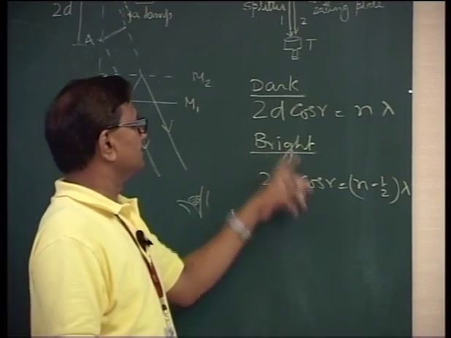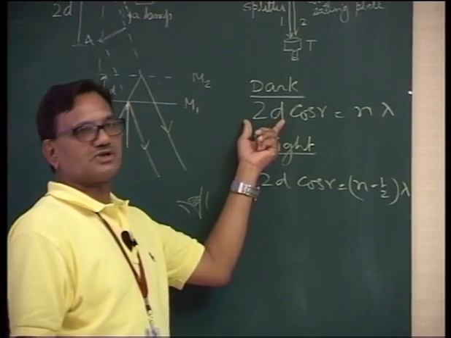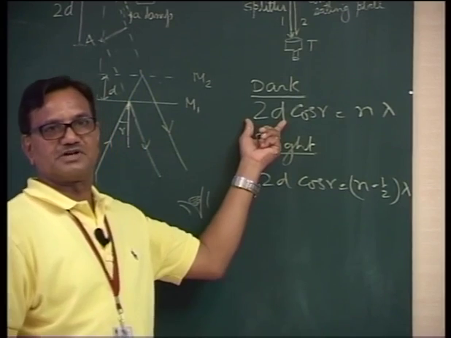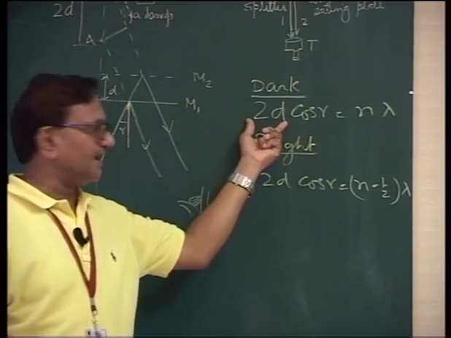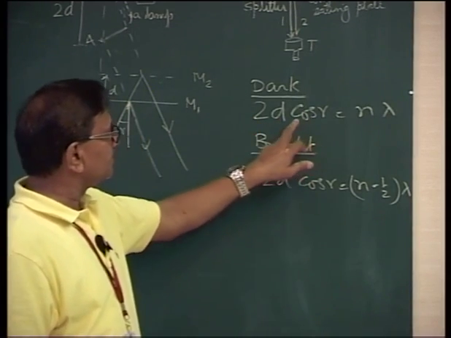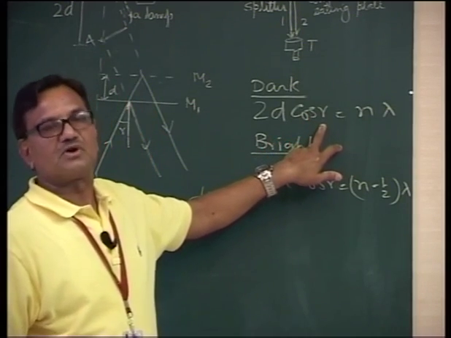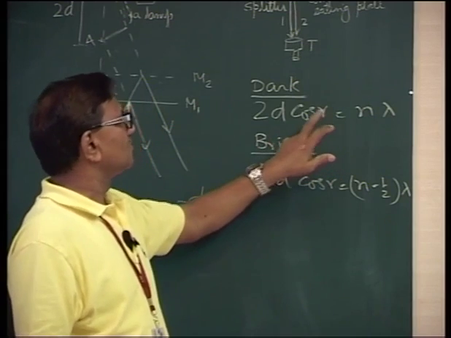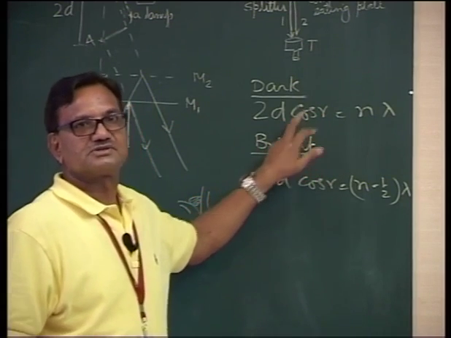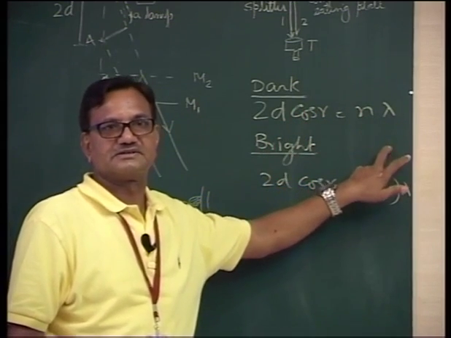Next important thing, suppose d is constant, the mirror separation is constant, then as r increases, cos r decreases, so n decreases.